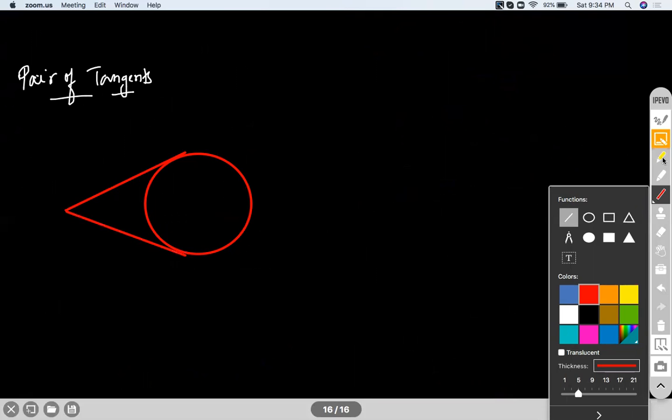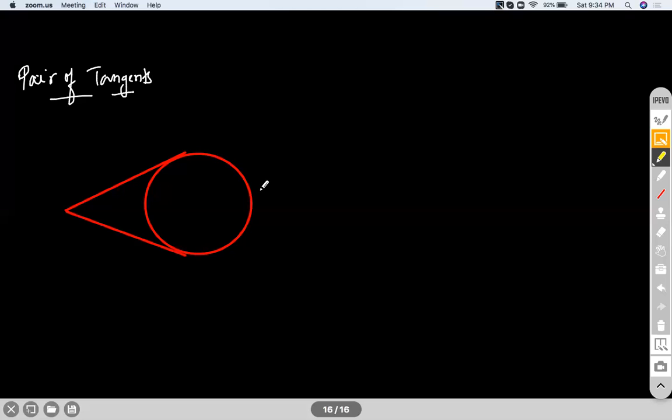So let's say I have a circle x square plus y square is equal to a square, and there is a point x1, y1 from which you're drawing these two tangents, PT1 and PT2. Can you find out both these equations? In fact, can you find out the combined equation of PT1 and PT2? That means, can you write it as a pair of straight lines?